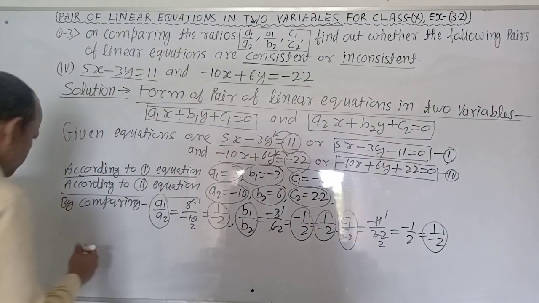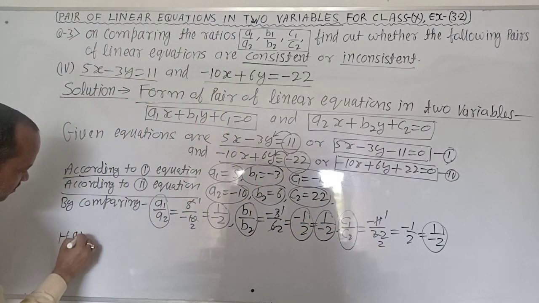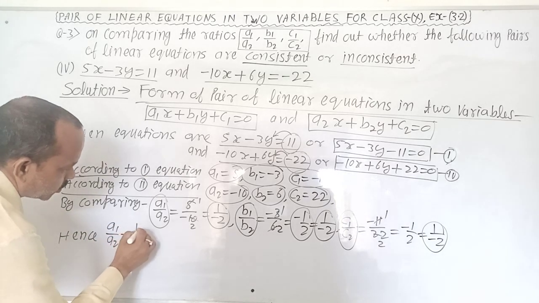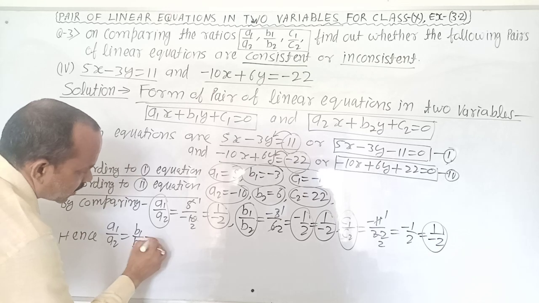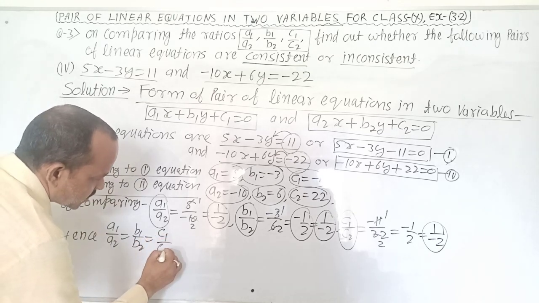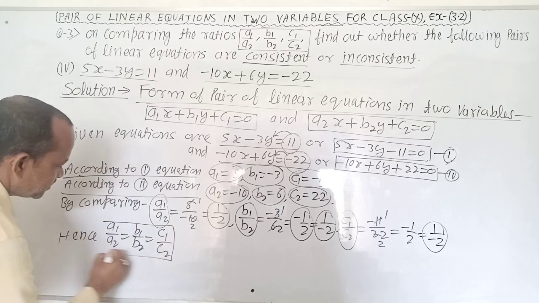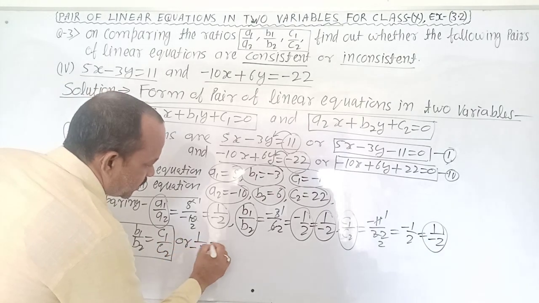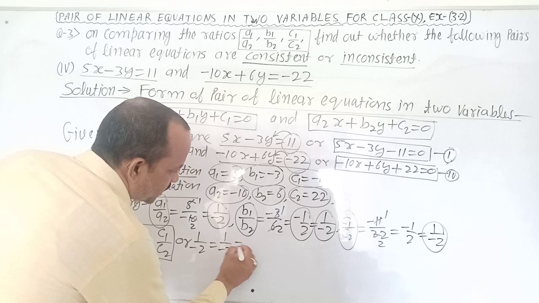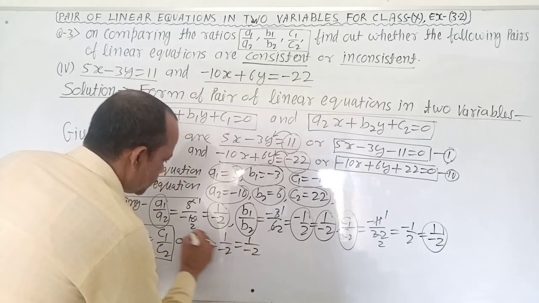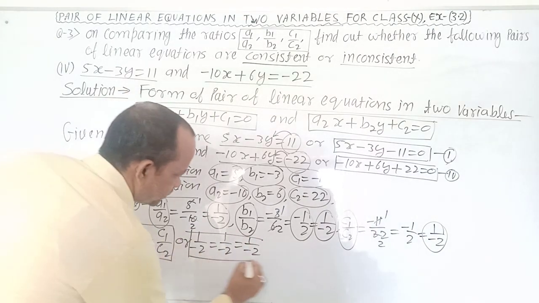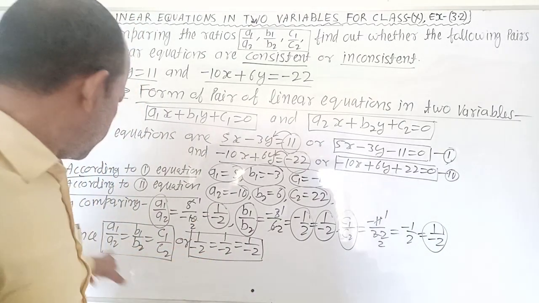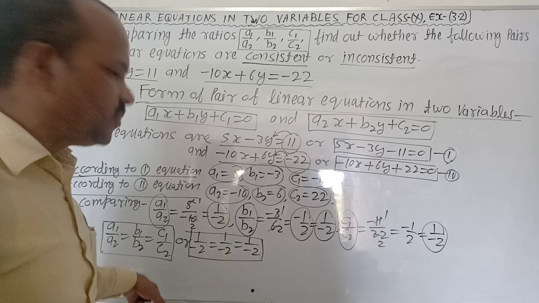Hence, a1 by a2 equal to b1 by b2 equal to c1 by c2, or 1 by minus 2 equal to 1 by minus 2 equal to 1 by minus 2. You compare a1 by a2, b1 by b2, c1 by c2.